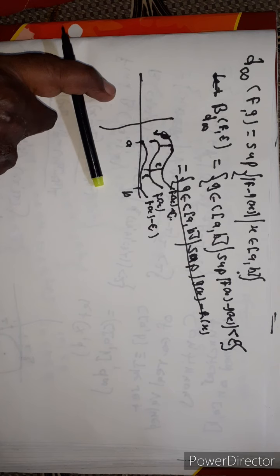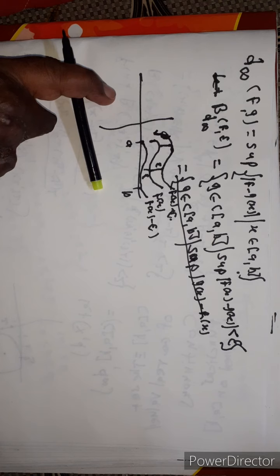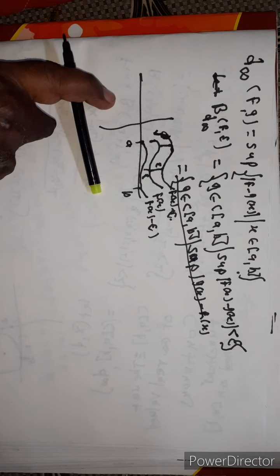Therefore, if we draw the curve of f of x on [a,b], then this open ball is the set of all continuous functions whose graph lies between the curves of the functions f of x minus epsilon and f of x plus epsilon.